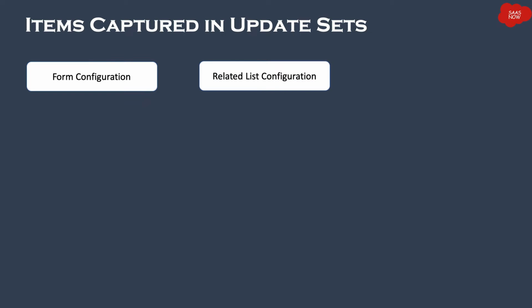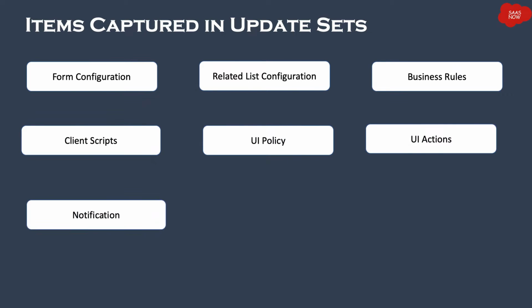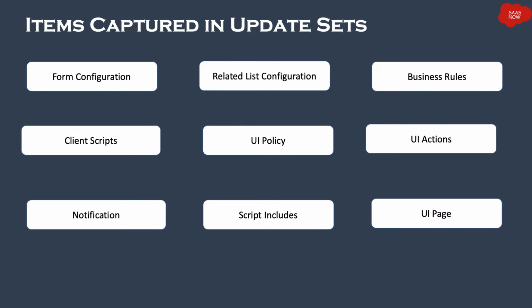Related list configuration, business rules, client scripts, UI policy, UI actions, notifications, script includes, UI pages, and more. Basically, you can also change these items in production, and that will also be captured in the default update set.